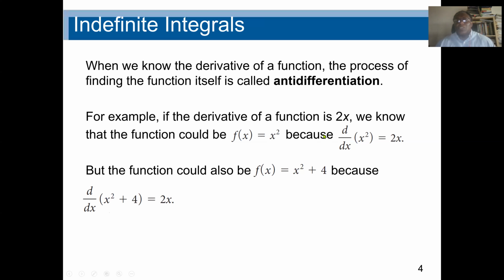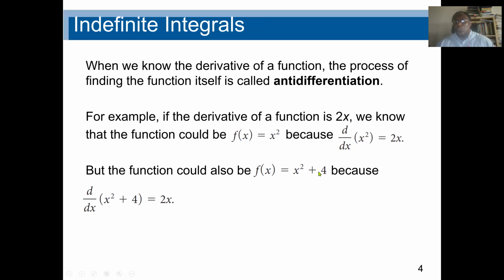So if the derivative of a function is 2x, the original function can be x squared, x squared plus 4, x squared plus 10, or x squared plus any constant. Normally we use the symbol c, because c can be any constant value. So the answer will be x squared plus c.